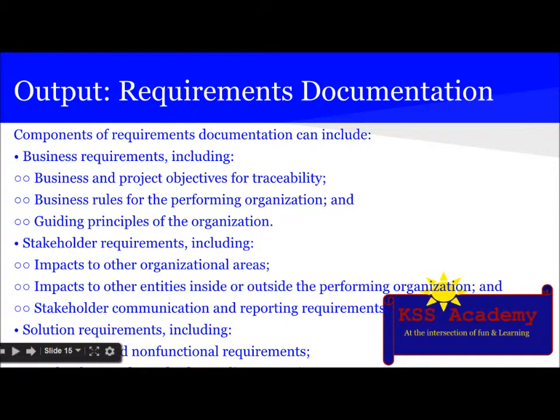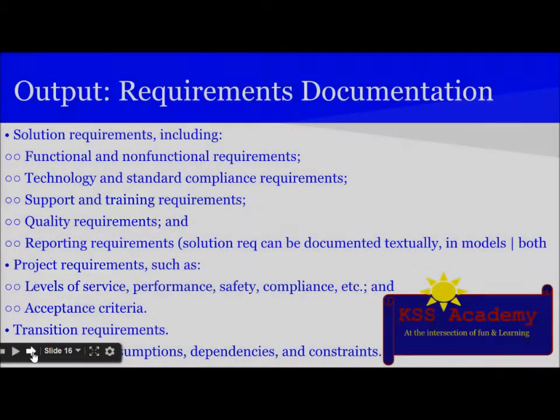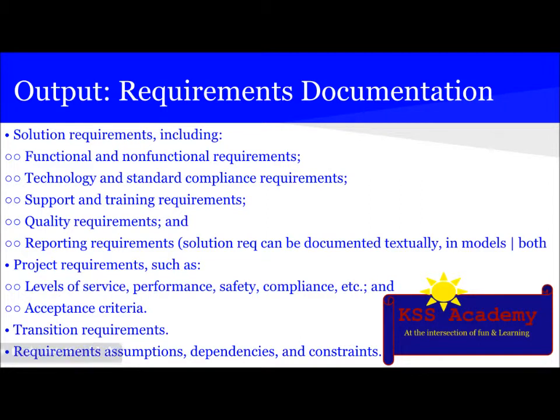Stakeholder requirements include impacts to the organizational areas, impacts to other entities inside or outside the performing organization, and stakeholder communication and reporting requirements. Solution requirements include functional and non-functional requirements, technology and standard compliance requirements, support and training requirements, quality requirements, and reporting requirements. Reporting requirements can be textual, model, or both.